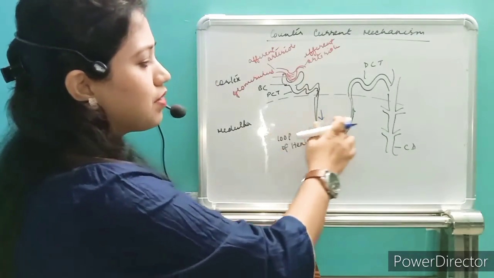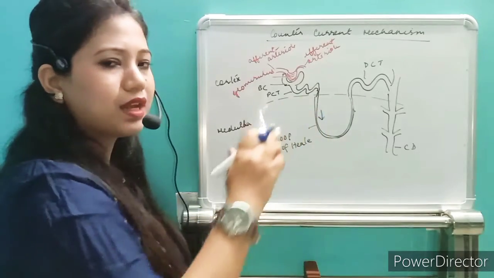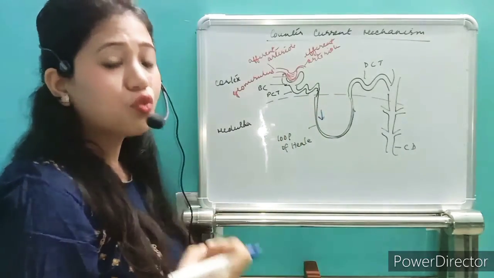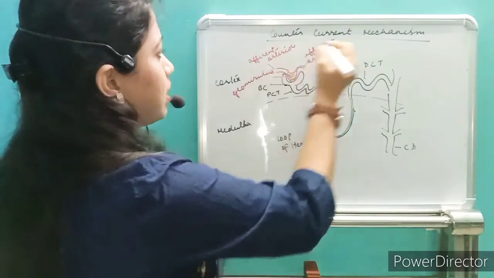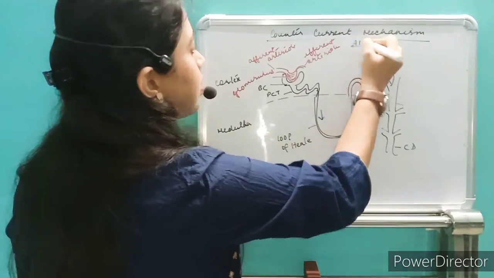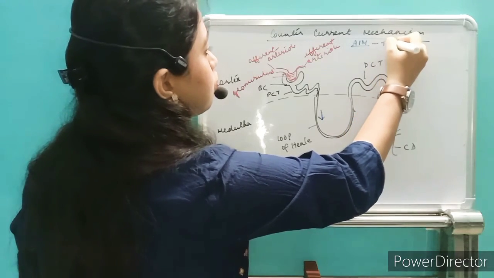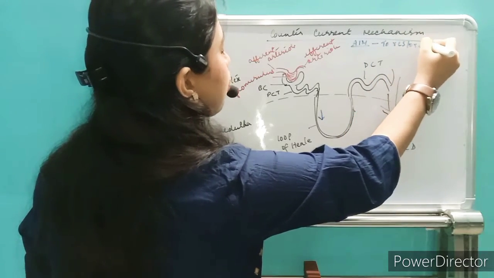So why is this loop of Henle produced? So that we can restore the solutes inside our body. So what is the main aim? To restore the solutes.